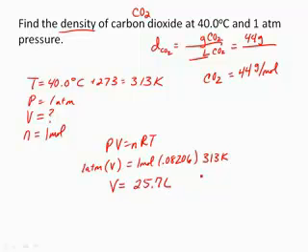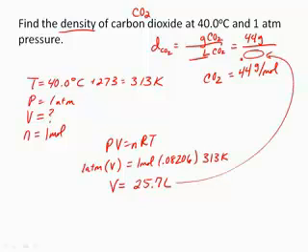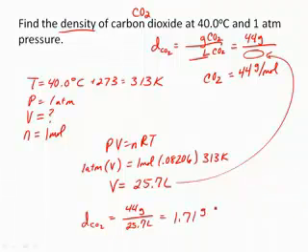And that's the value that I would plug into the denominator. So my density of CO2 is going to be 44 grams divided by 25.7 liters, which would give me 1.71 grams per liter.